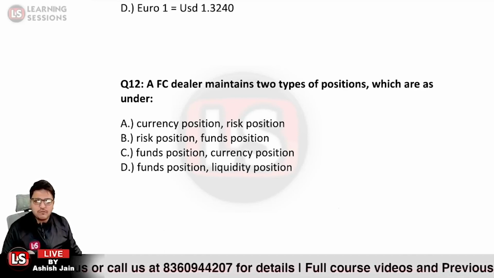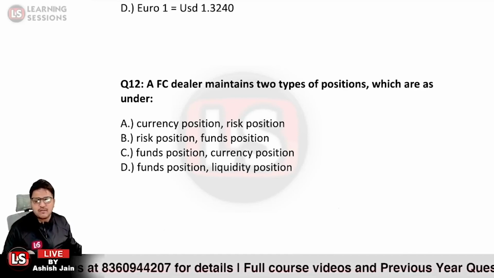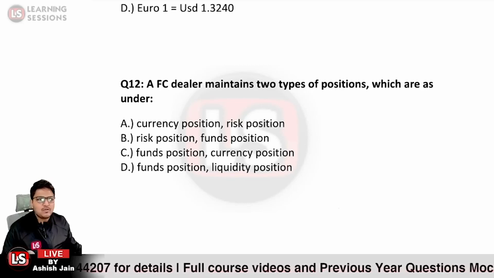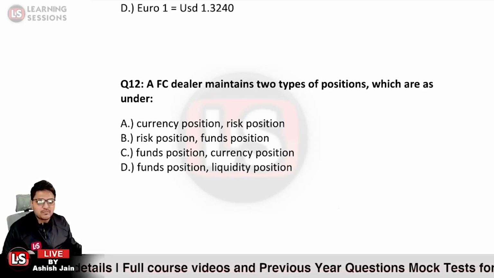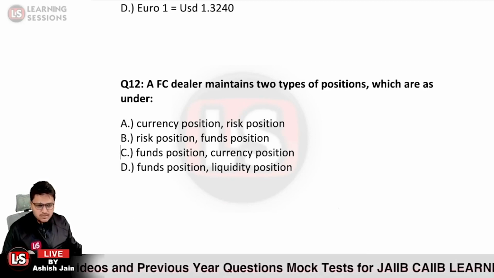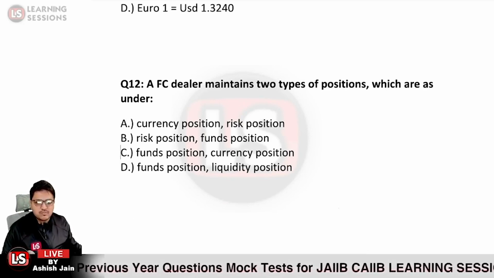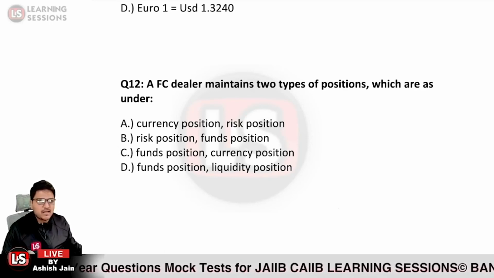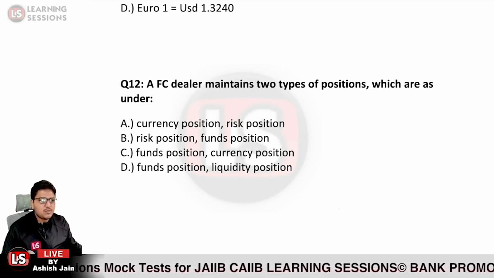This is related to the funds position and the currency position that a foreign currency dealer has to maintain. So option C is the right answer, that is fund position and currency position. Pooja Roy has answered correctly at the earliest.